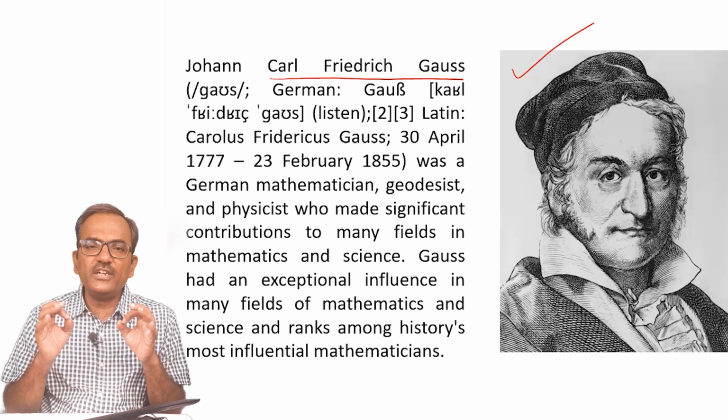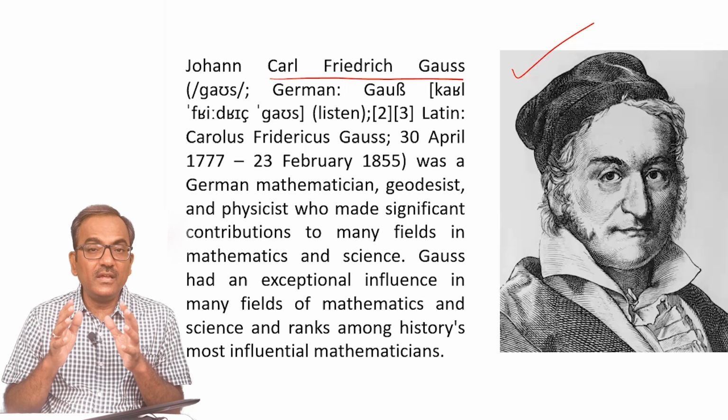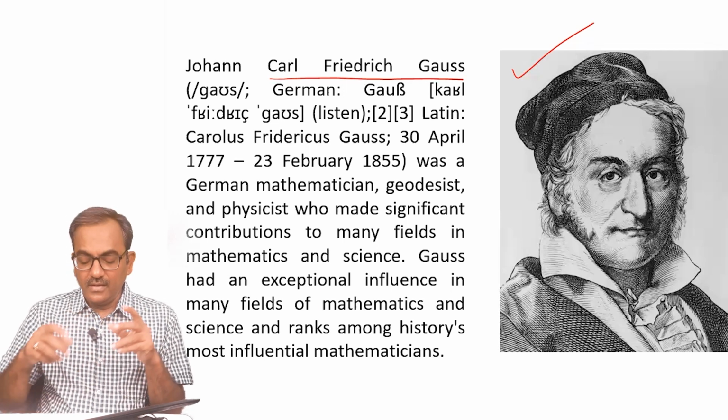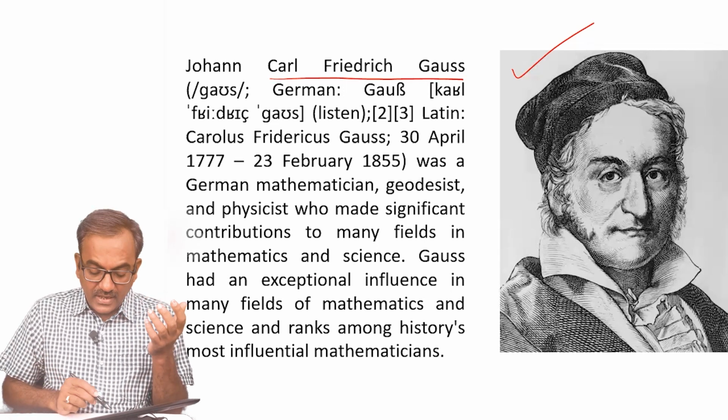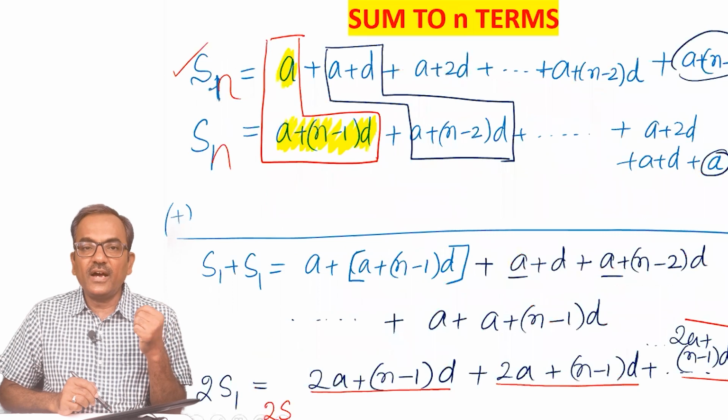And it was really a shock for the teacher. He asked the student, Gauss, how did you arrive at that? And do you know the answer for that? This was the method in which he arrived at it.